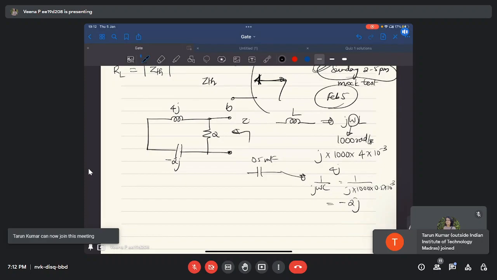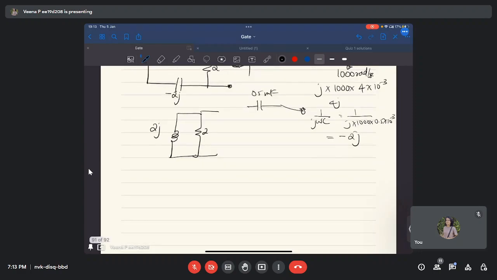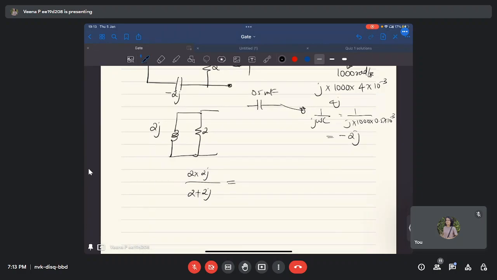So Z Thevenin is the impedance across these terminals. So 4j in series with minus 2j, the total impedance is 2j. In parallel with 2, by the parallel rule, which is 2 times 2j by 2 plus 2j, which comes out to be 1 plus j.